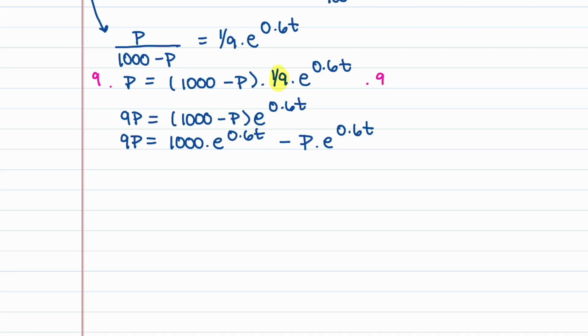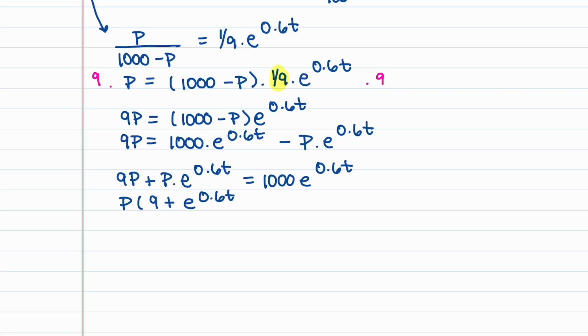So we have 9p plus p times e to the 0.6t is equal to 1,000 e to the 0.6t. Let's factor out a p, and we're left with 9 plus e to the 0.6t, and then on the right, everything stays the same.